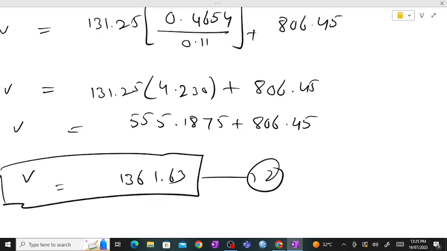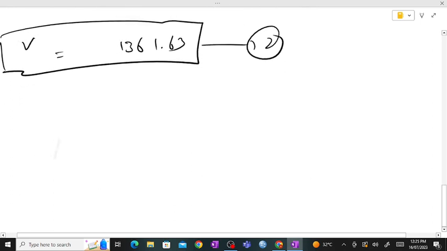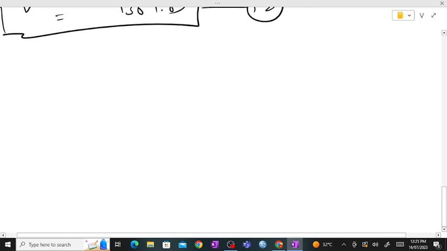For example, example number 6 in your books. Whatever questions we are going to solve, these are non-zero coupon rate bonds because we already have coupon rates. So the question is that Complex System has outstanding issues of 1,000 par value bonds with a 12% coupon interest rate. The issues pay interest annually and have 16 years remaining to maturity.